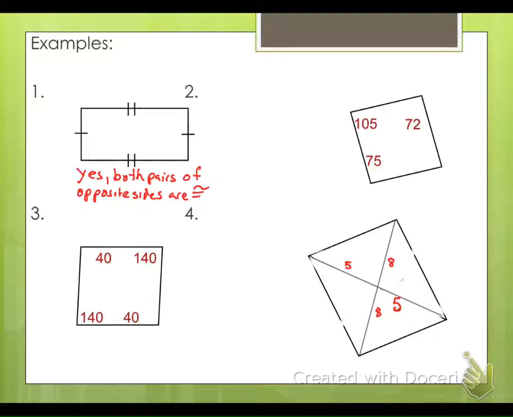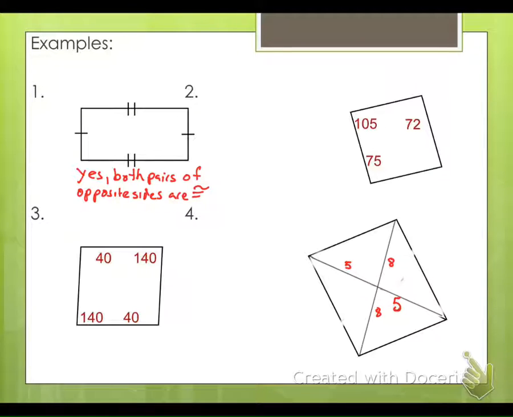Okay, our question number 2. We want to know if this is a parallelogram. So our first step is we want to see if the angles are related. We look across and we see that the angles 72 and 75 are not congruent. But to verify this, we can add 105 plus 75. And what do we get? We get 180, which is one of the rules, right?